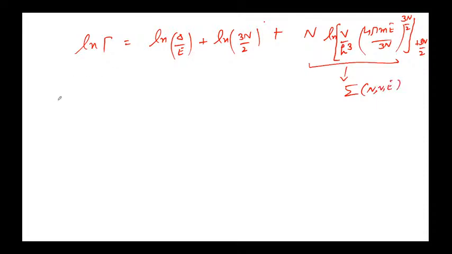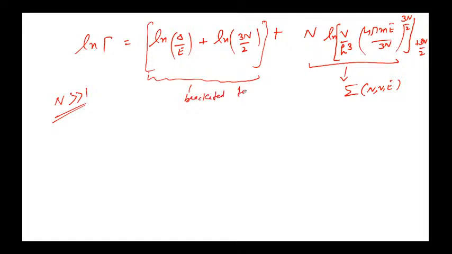Now if in a system the number of particles is very large, so this first term, which is the bracketed term, let us say, so for a system which is having N very large as compared to 1, the value of this log N over N is of the order of 0 when N approaches infinity.